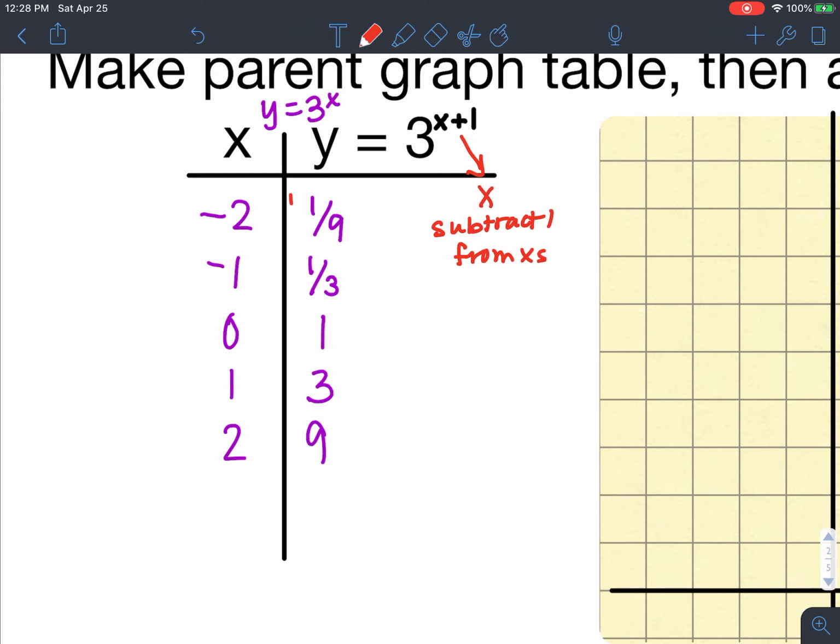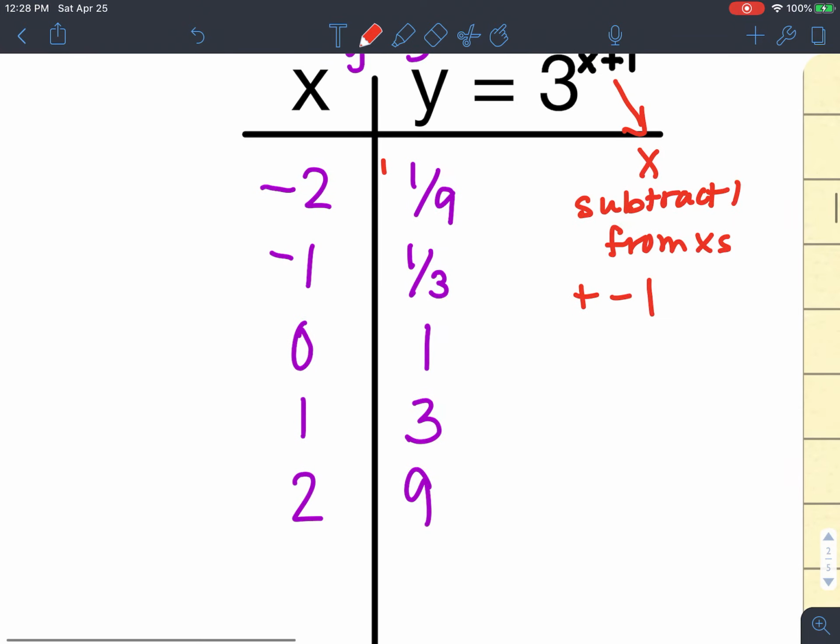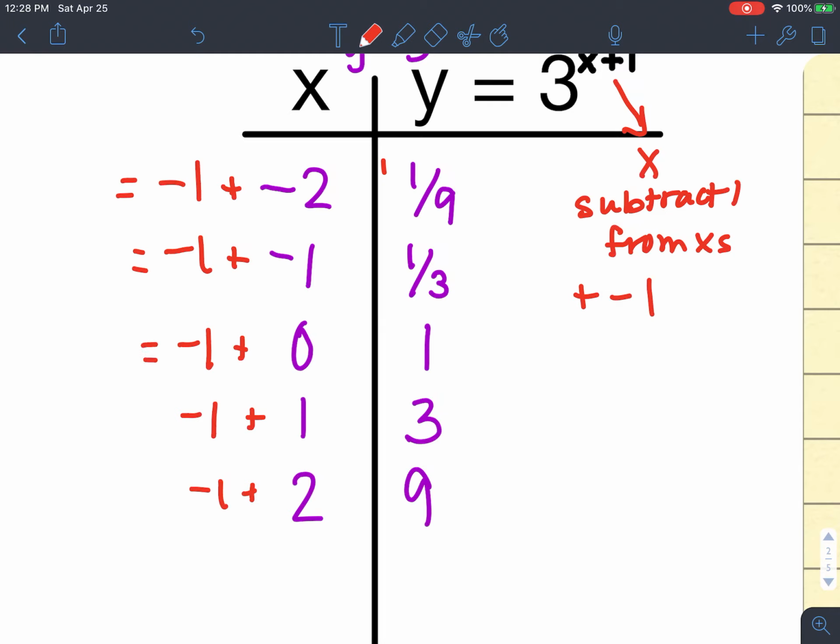So subtracting 1 from x is the same as adding -1 to x. So that's how we're going to write this. So we're going to add -1 to all of the x values. And we'll write our new values over here.